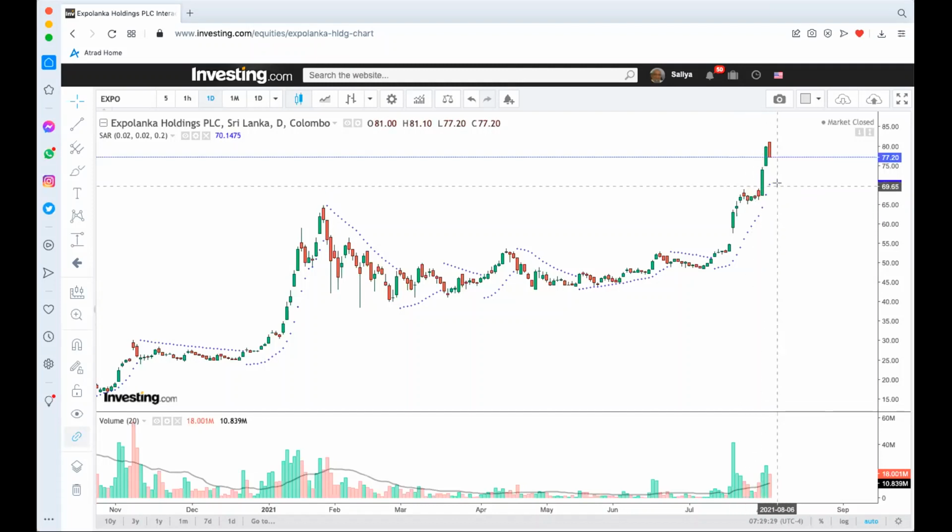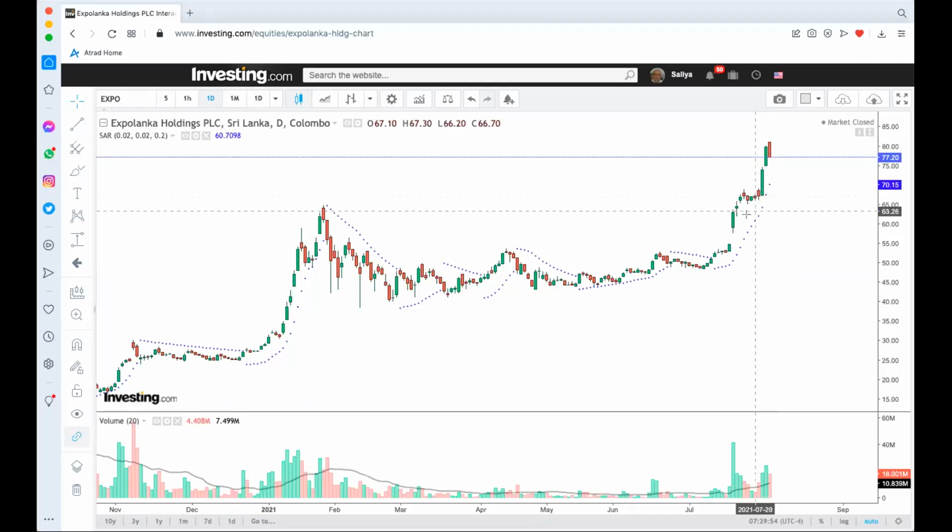So this, as far as the parabolic stop and reverse indicator is concerned, is the support. This is the level at which, if it comes down to that level and the price breaches it, the parabolic action will stop.